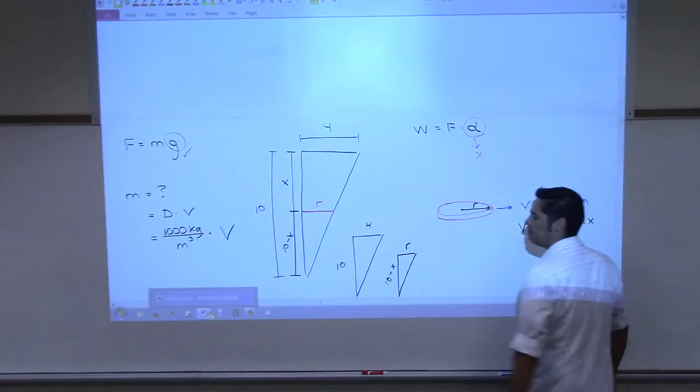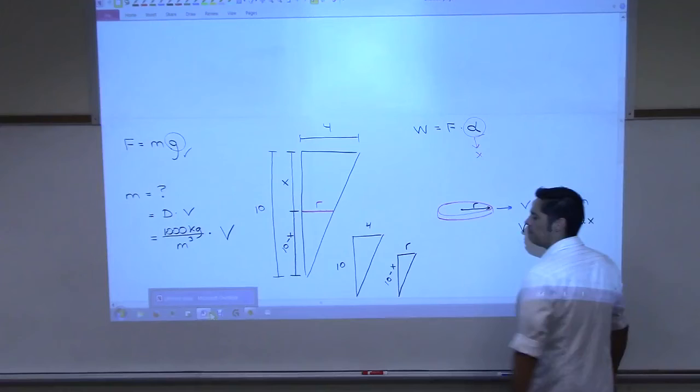No. Not as x moves, right? As you start moving, this thing is going to change. So your radius depends on x. And we actually need to find what that relationship is. Anybody have an idea of how I could connect the radius of that to the x variable? I need some relationship between the two.